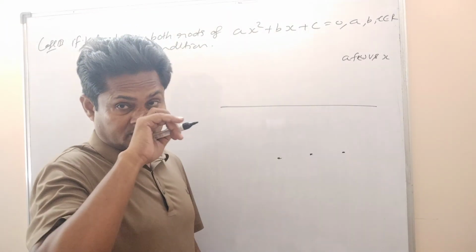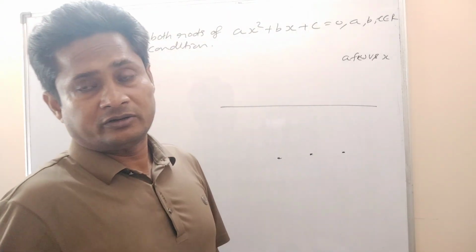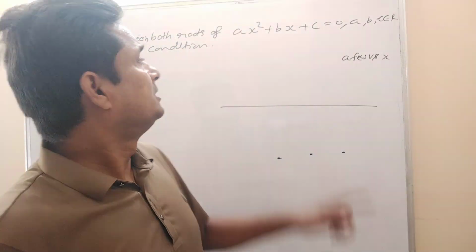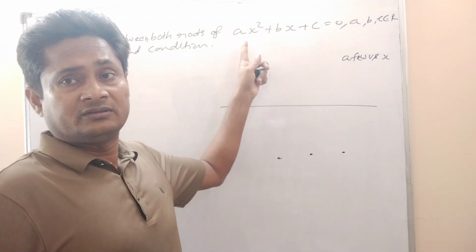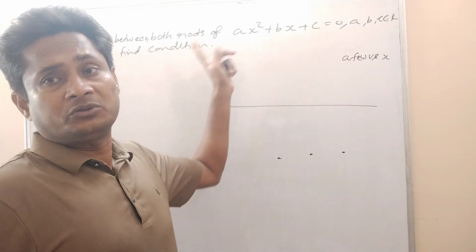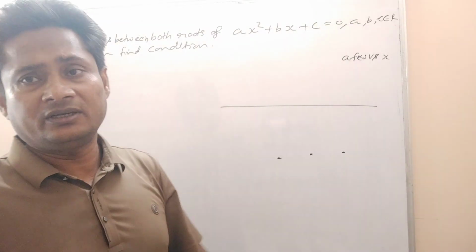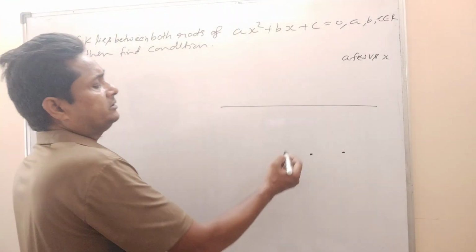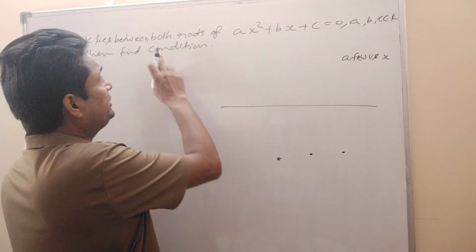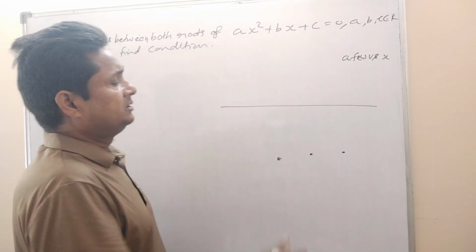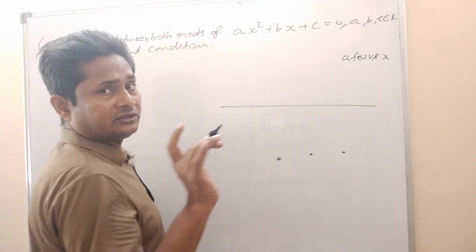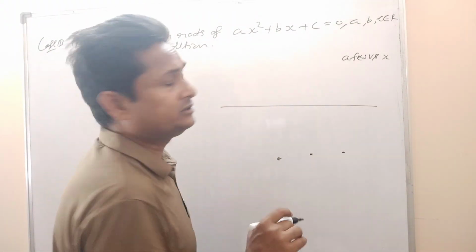So roots cannot be equal, and both roots must be real, because it is saying that k lies between both the roots of the equation. So roots must be first of all real and distinct.